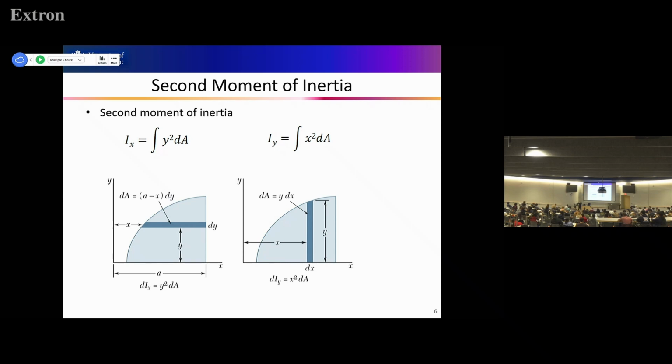So for Ix cut horizontally, for Iy cut vertically. Then define dA, the area of this small strip, and use these two equations to find the moment of inertia. Okay, then I think the first problem is about this one. So let's solve this problem together later.